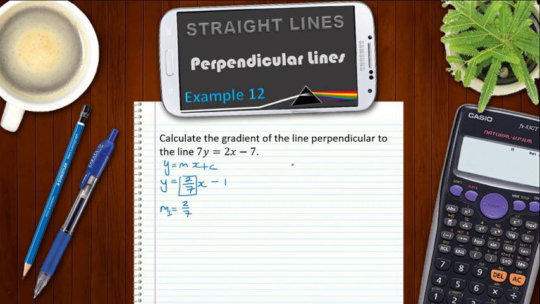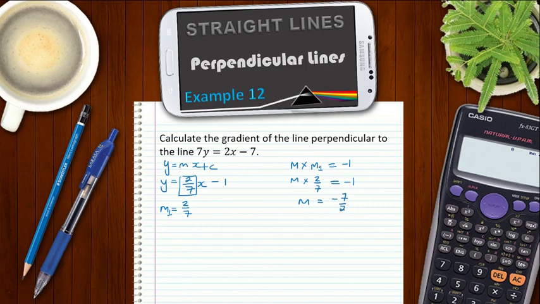So if I say the gradient I'm looking for, times the other gradient, is equal to minus 1, and that gradient is 2 over 7, then if I solve for m, I can just cross multiply. I have negative 7 over 2. That's the gradient I'm looking for.